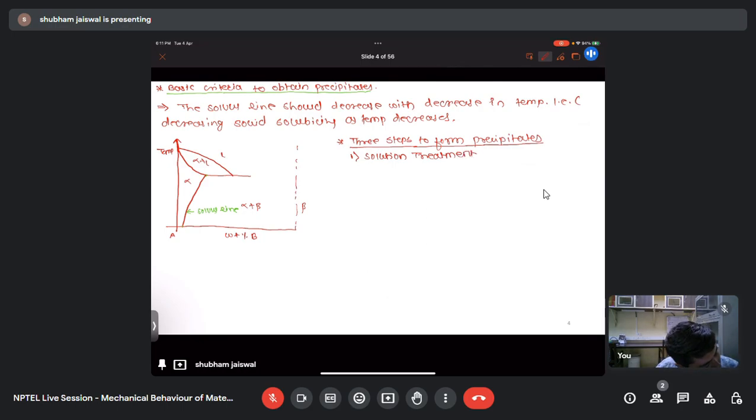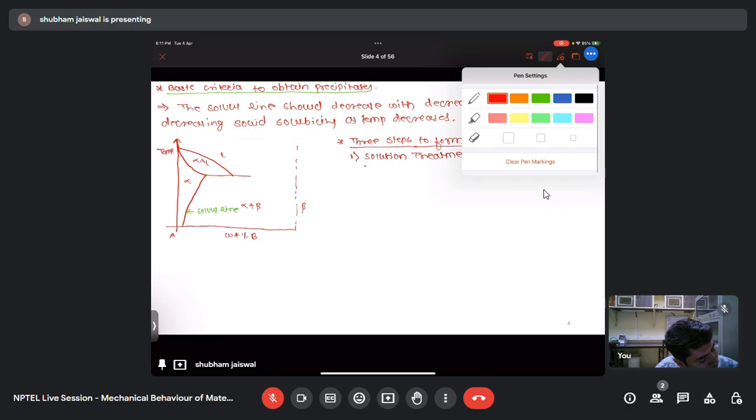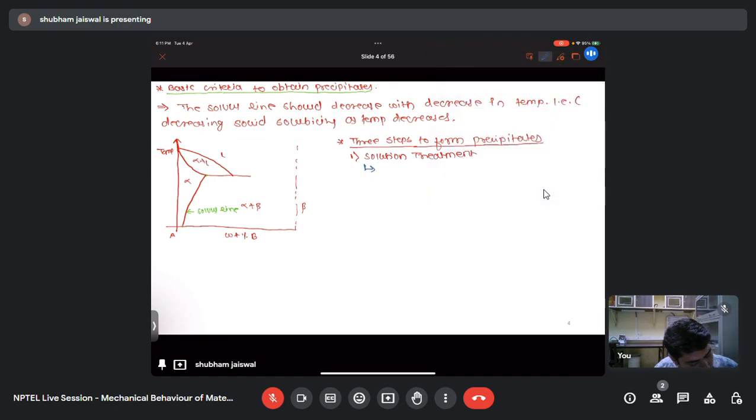So what do we do in solution treatment? We heat the alloy in the single phase region and hold it for some time, so that any previous precipitates that are there can easily dissolve.